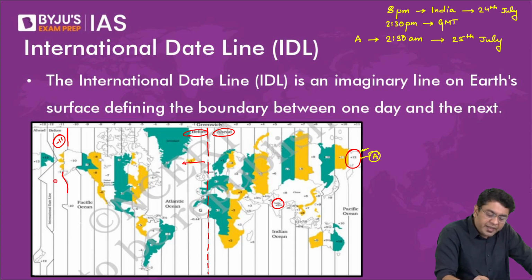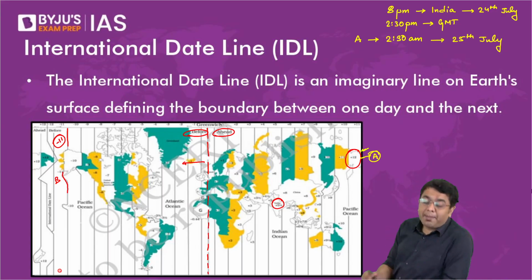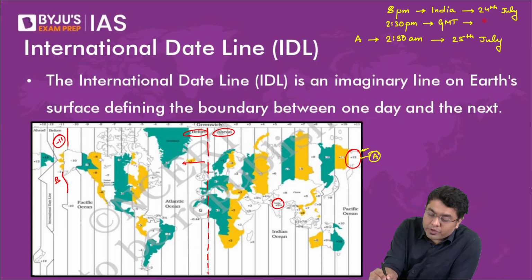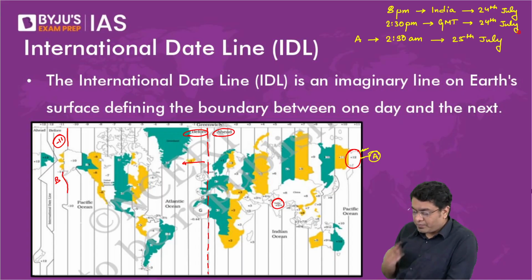Let's name this place as B. So, if it is 2:30 p.m. GMT, 24th of July, what do you think will be the time in B, Alaska? 1:30 a.m.? Is that the case? Or 3:30 a.m.?